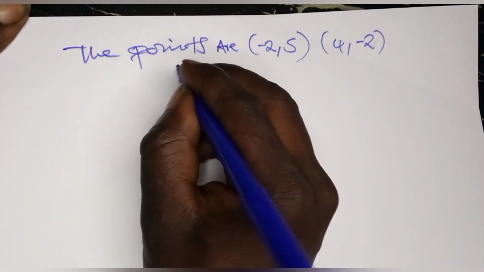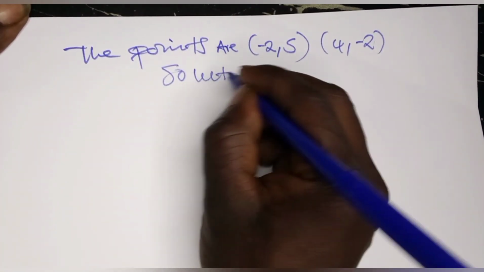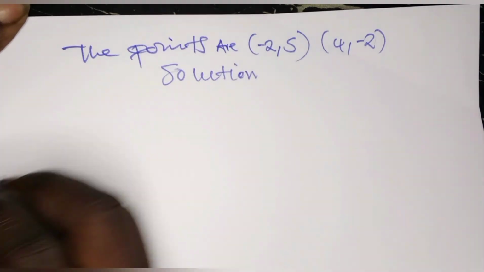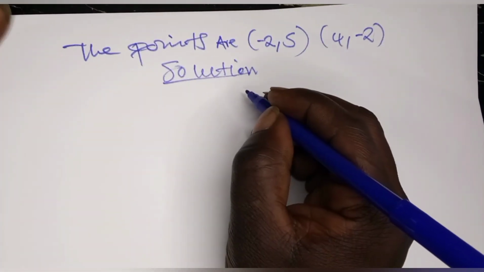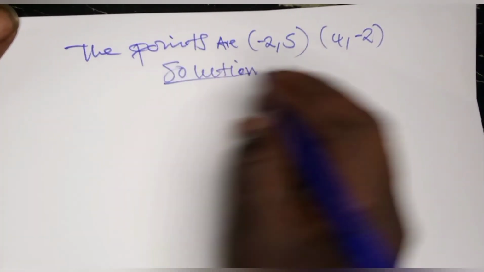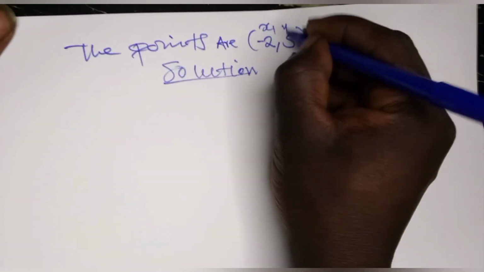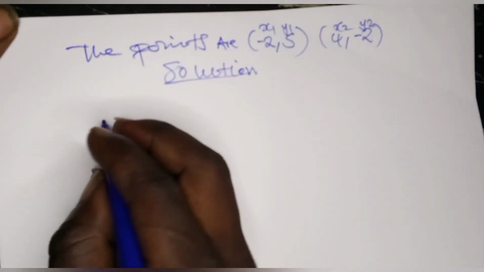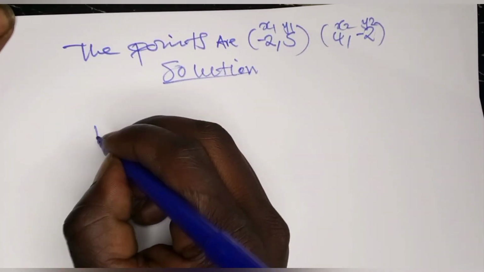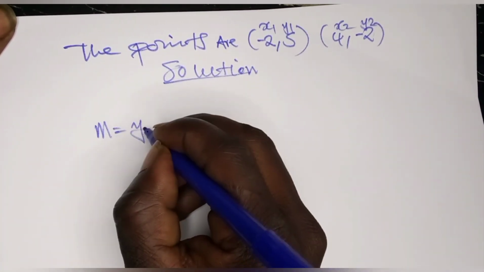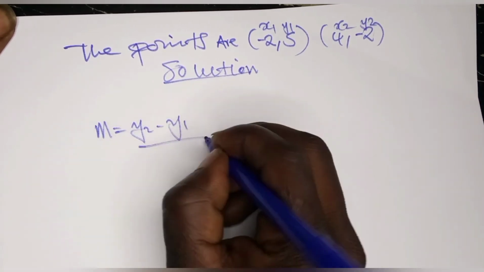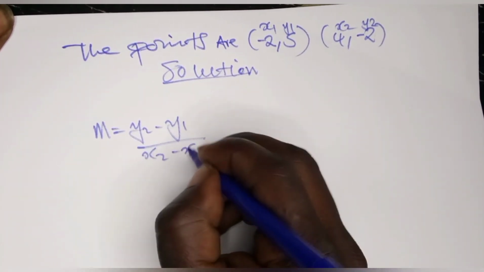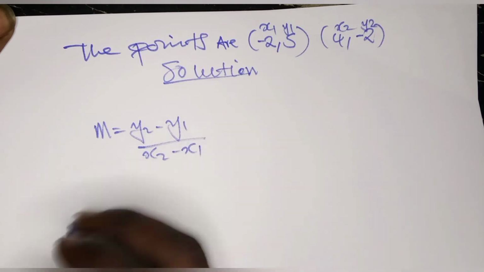So now let's try to find the solution for the given coordinates. So we are going to indicate x1, y1, x2, y2. Then the gradient will be m equals y2 minus y1 over x2 minus x1, and we substitute.